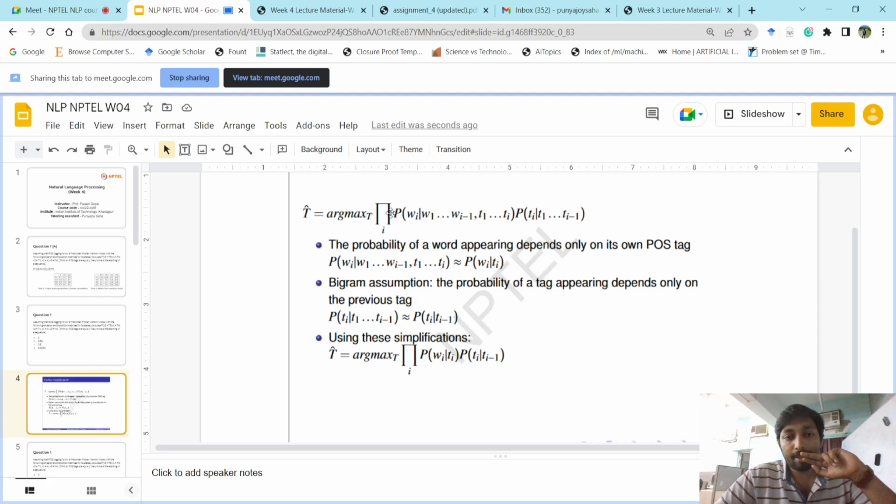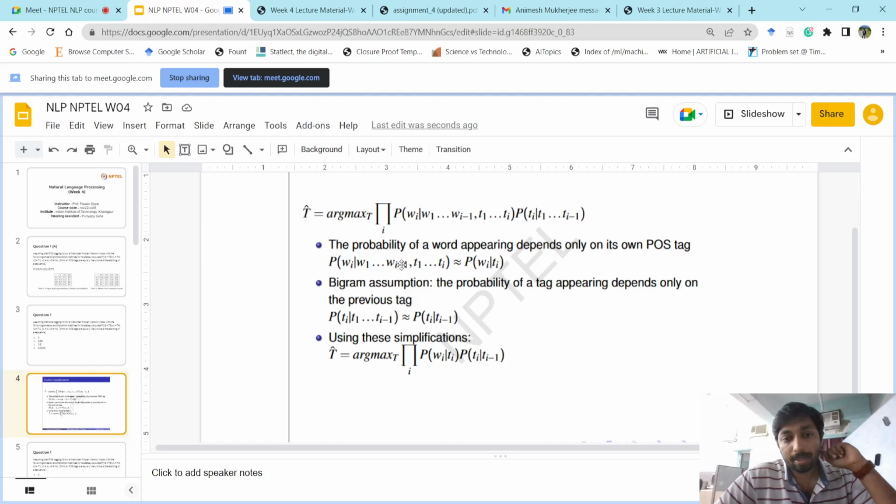This is essentially the formula: P(Wi given W1 to Wi minus 1, T1 to Ti). Here W1 to Wi are again words and T1 to Ti are again POS tags. It is saying that the probability of the word appearing depends only on its own POS tag.